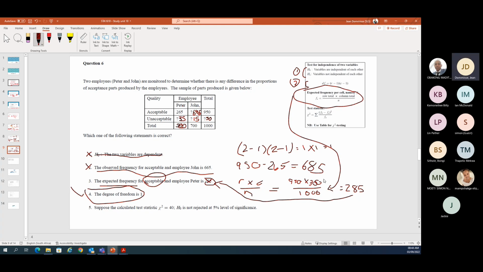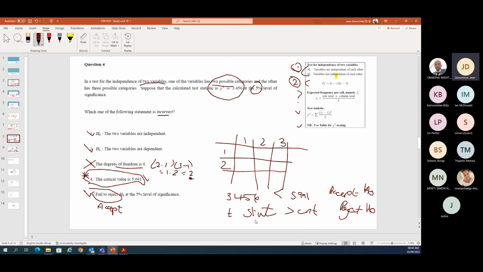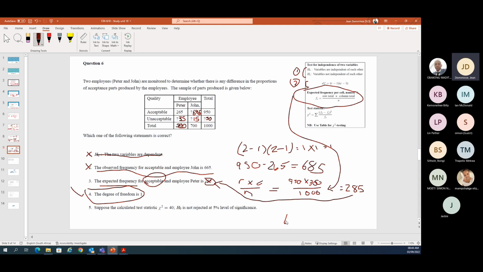Okay, so then let's see. T-stat bigger than critical, reject. If T-stat is bigger than critical, we reject.